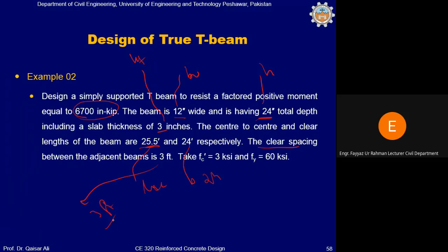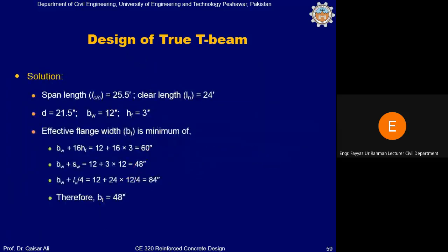That means beams are provided at very close spacing, so this is not the regular beam slab system; it is a one-way joist system. Take fc prime 3 ksi, fy 60 ksi. Again, the first step is calculation of effective flange width. If you calculate this, the governing one is 48 inches, your effective width. Clear?